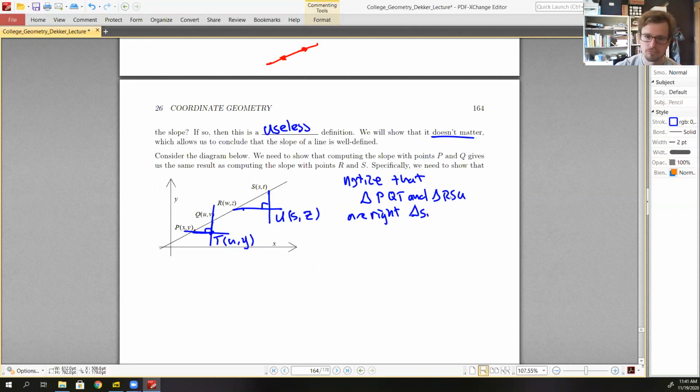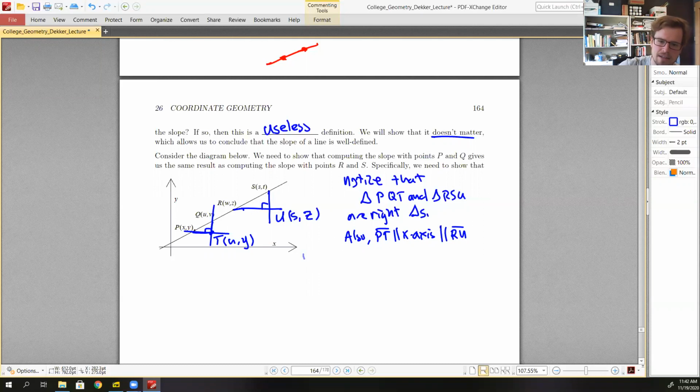Okay, excellent. Also, notice that the line through PT is parallel to the x-axis, and that is parallel to the line RU. And why does that matter?